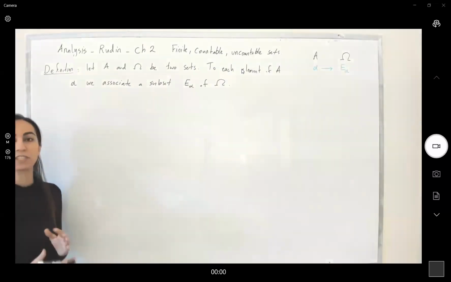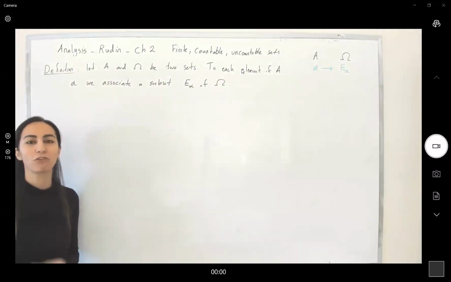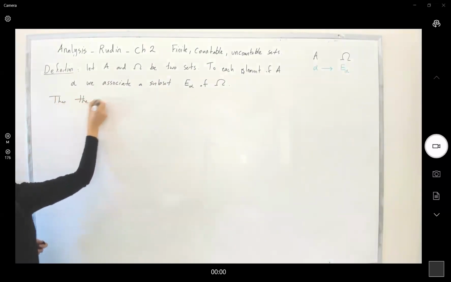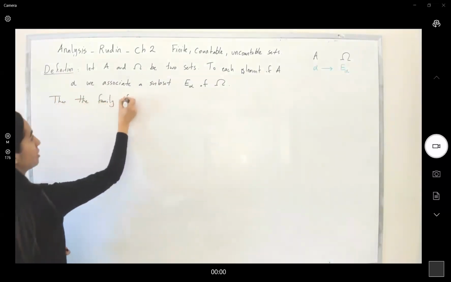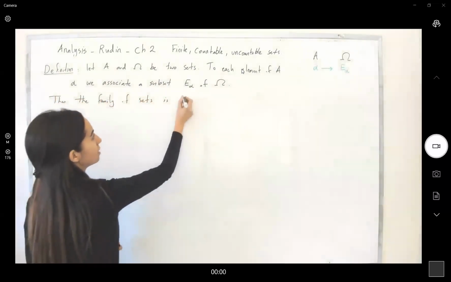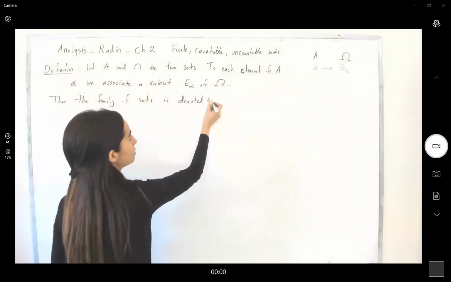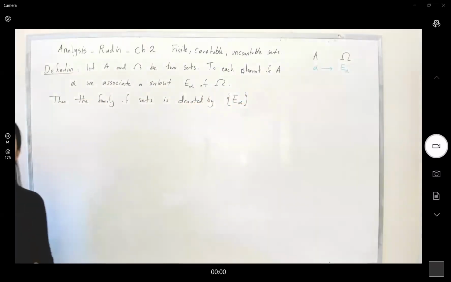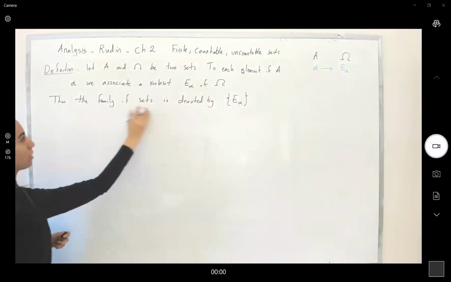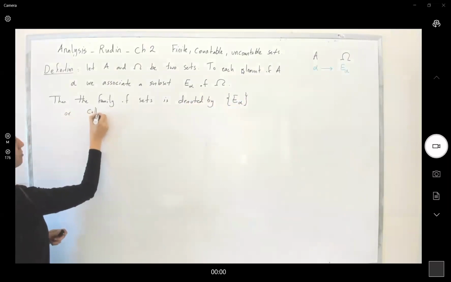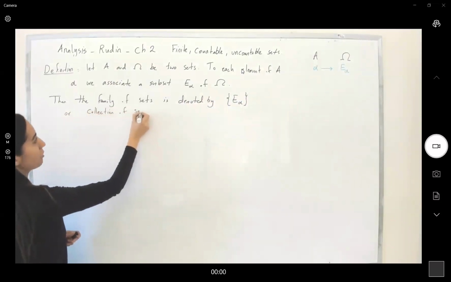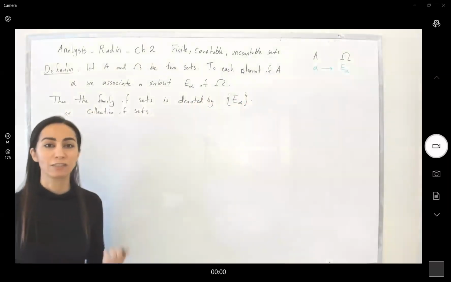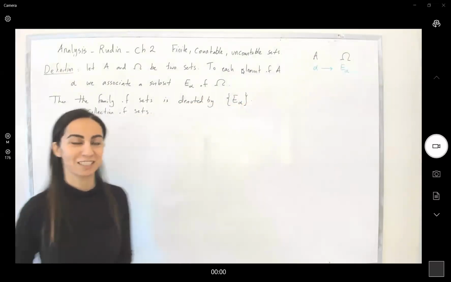By this representation, we can define a collection or family of sets. Then the family of sets is denoted by E sub alpha. We also call them a collection of sets. Now that we have a collection of sets, we can talk about the union and intersection of these sets.